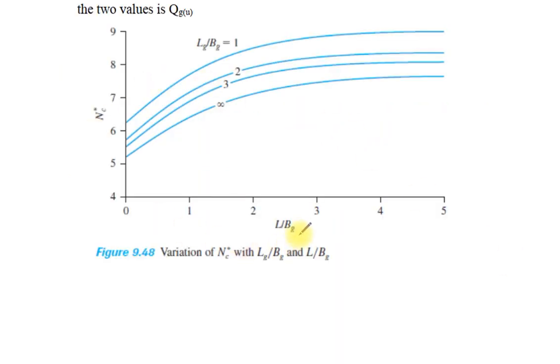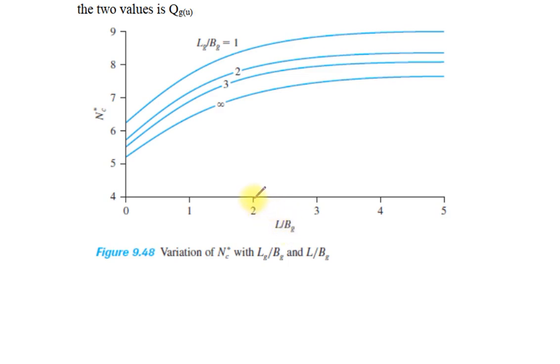In this figure, the value of L, the length of the pile, over BG, the width of the group, which is the shortest dimension of the pile group, is used.